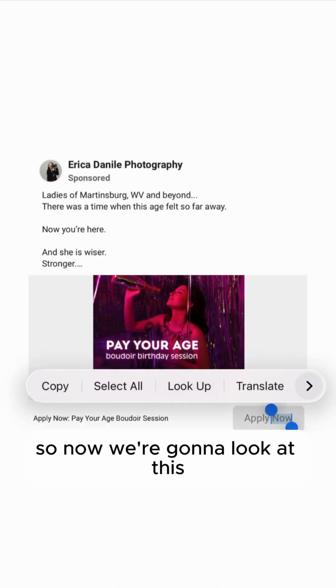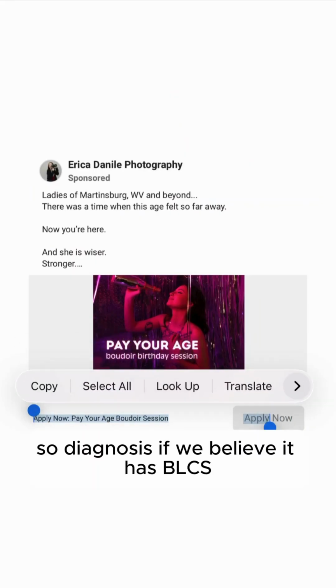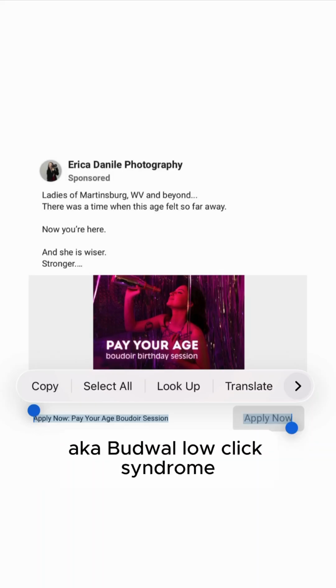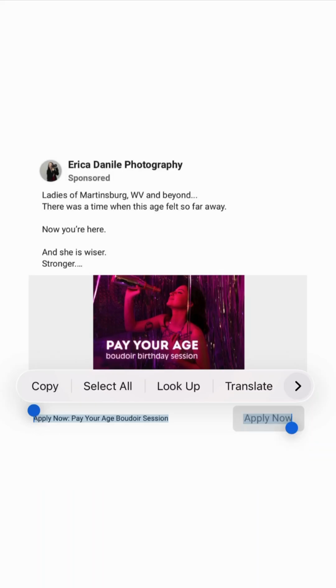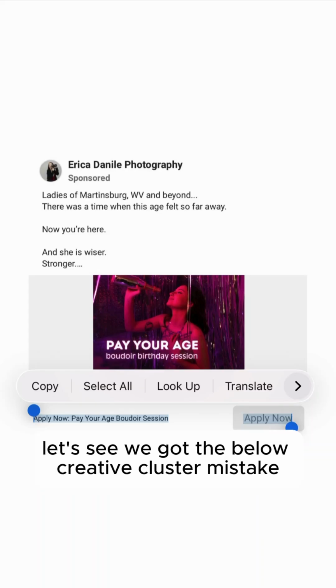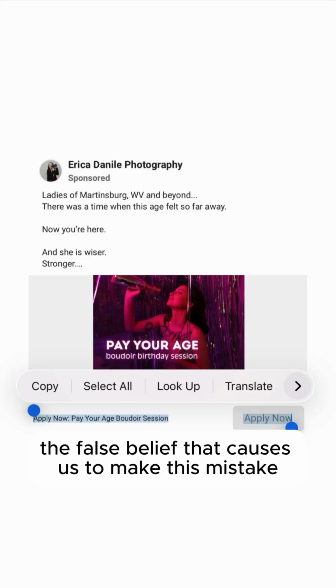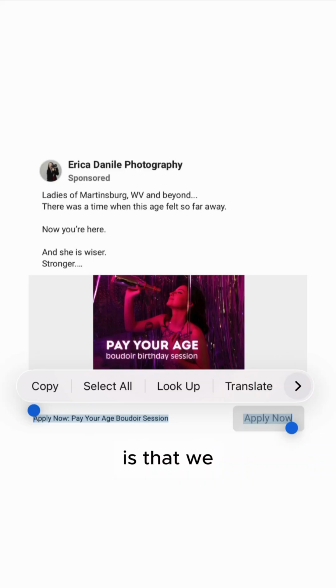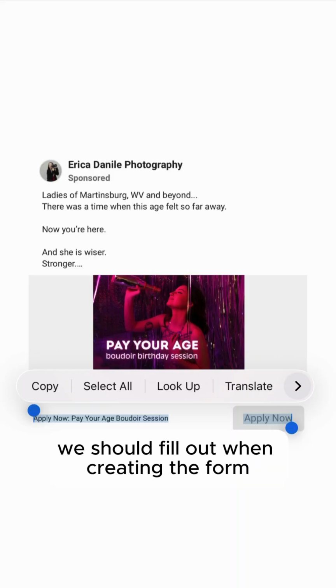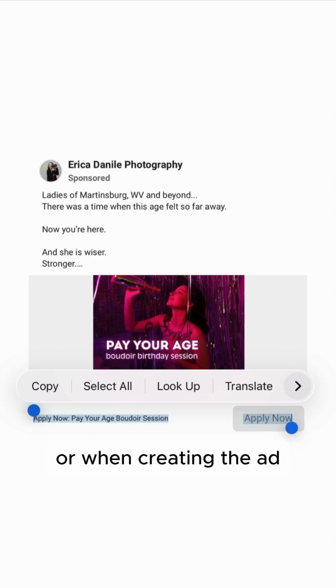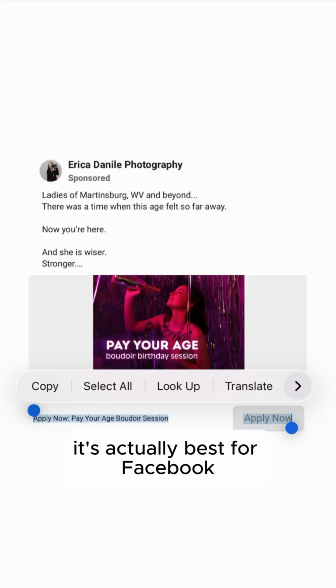So now we're going to look at this. So diagnose it, see if we believe it has BLCS, aka Boudoir low click syndrome. So we got the below creative cluster mistake. The false belief that caused us to make this mistake is that we believe everything Facebook says we should fill out when creating the ad is actually what we should fill out and is best for us. But no, it's actually best for Facebook.